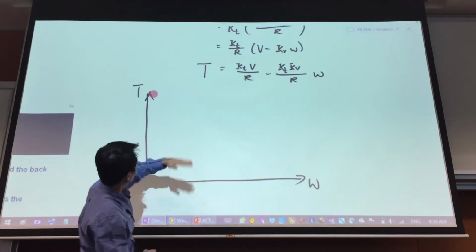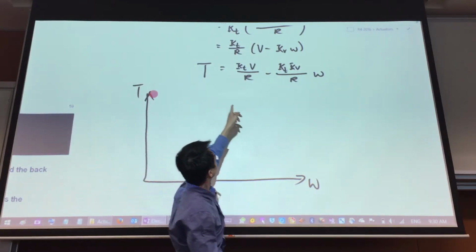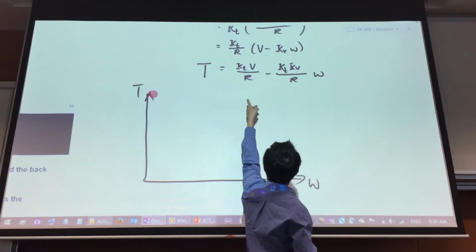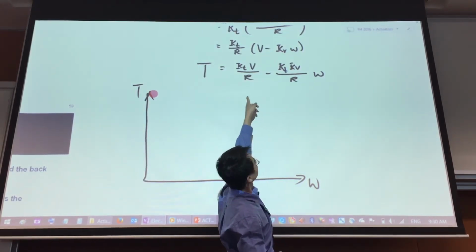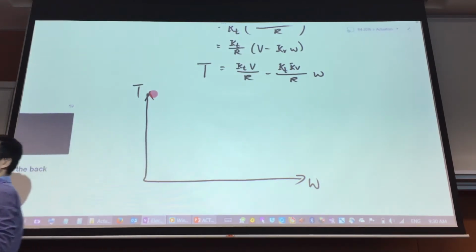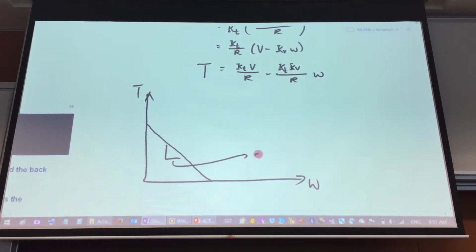This way. Yes. This equation is just like y is equal to minus mx plus c. So that part there is your gradient. That part there is your y-intercept. So it's going to look like this, going down at a certain gradient. So this gradient over here is minus KT KV over R.